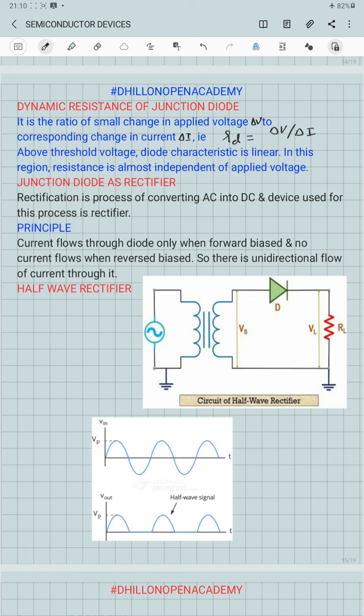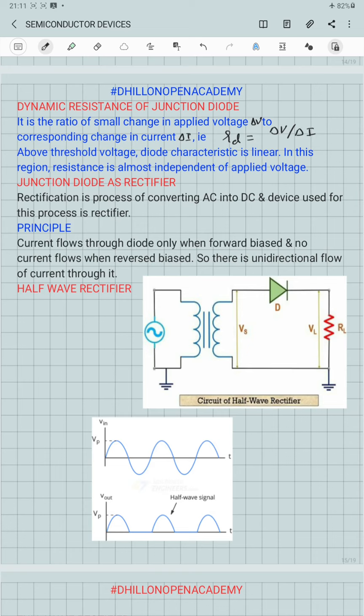So this direct current is obtained from a device which is known as a rectifier. Our junction diode acts as a rectifier which converts an alternating current into a direct current. So rectification is a process of converting alternating current into a direct current, and the device used for this purpose, we call a rectifier.